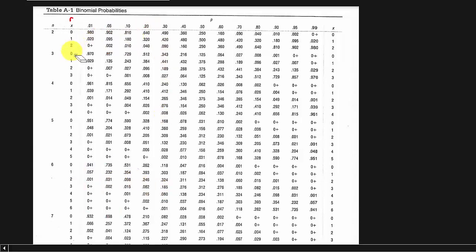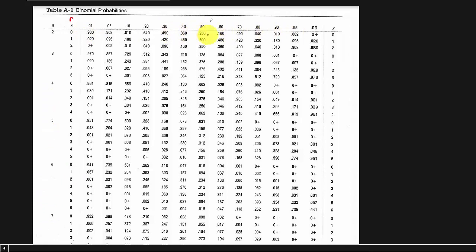The next thing I want to mention is sometimes the table's not going to always work. What if you had a problem where n is 18, and your probability of success is 0.53? Well, you might find a table where n is 18, but what about the p up here?